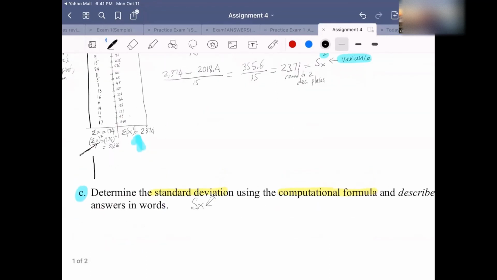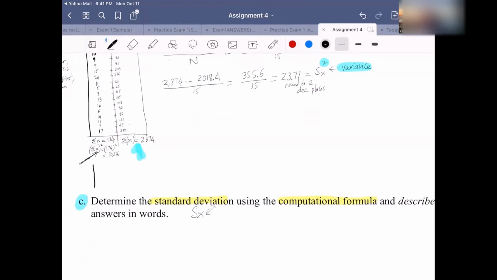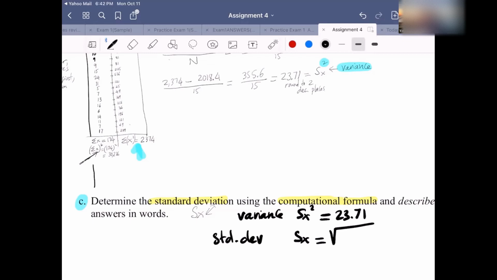All right, so notice that in part A, you guys got the variance. So the variance S sub x squared is what? 23.71, right? And so to find the standard deviation, to find the S sub x, you just have to take the square root of the variance.